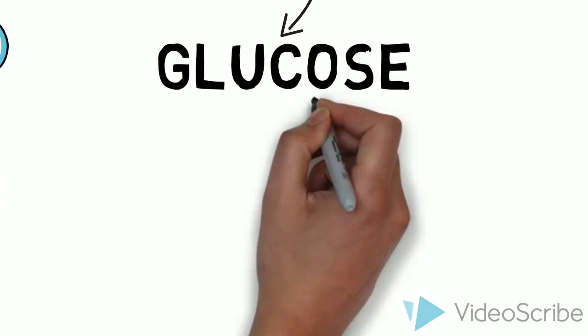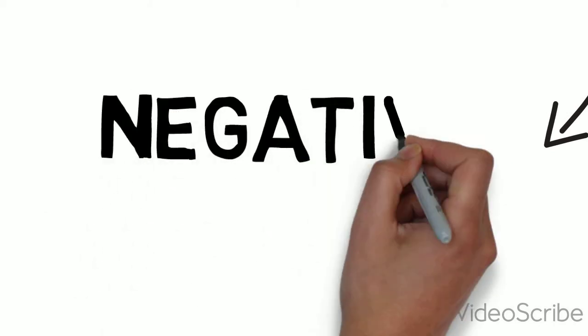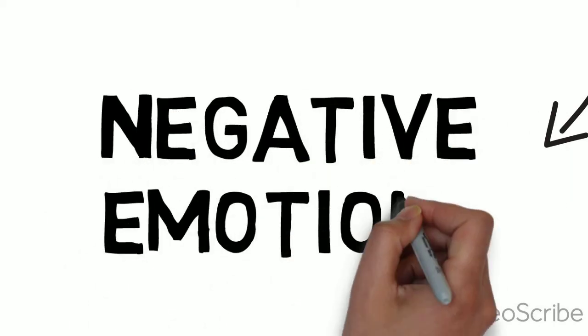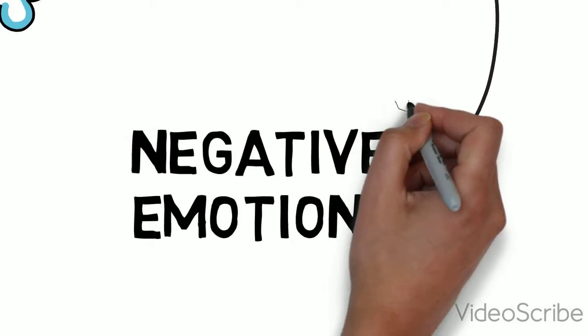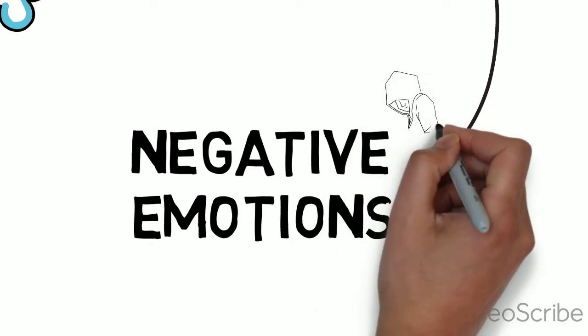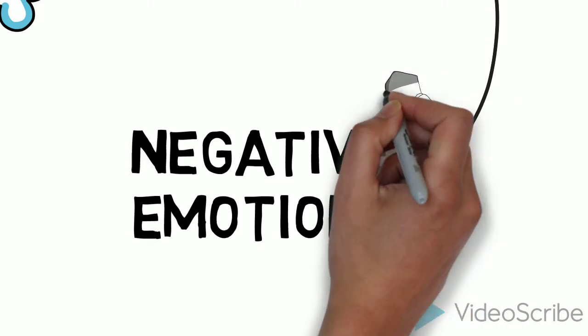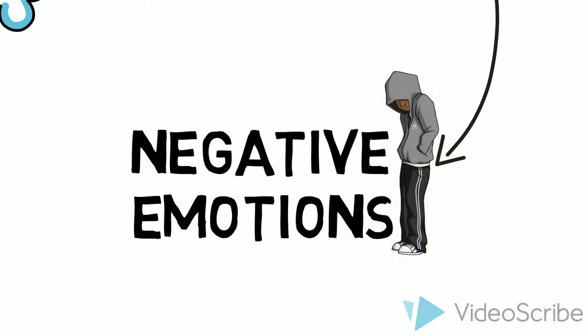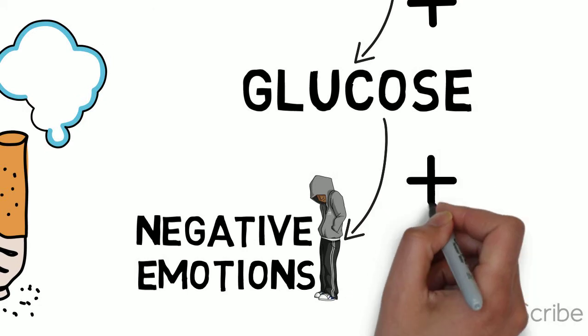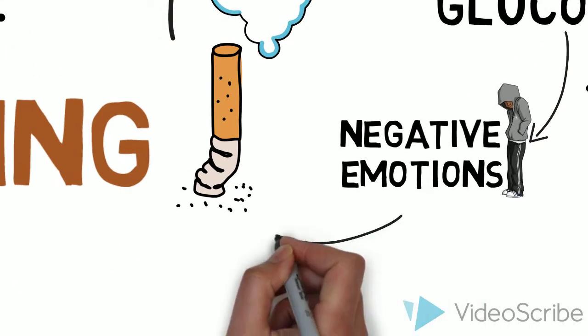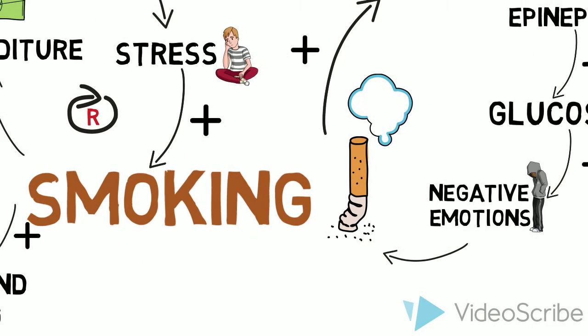Increased blood glucose level in turn causes the body to feel sluggish and fatigued, which could lead to negative emotions. To overcome the negative emotions, the smokers would tend to reach out for more cigarettes.